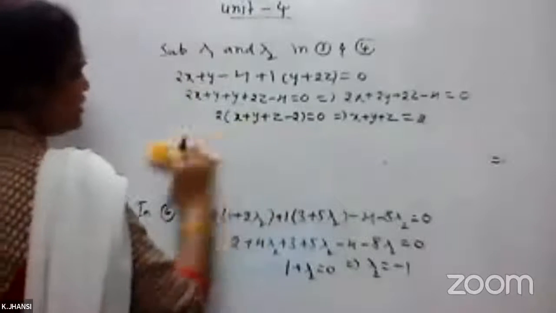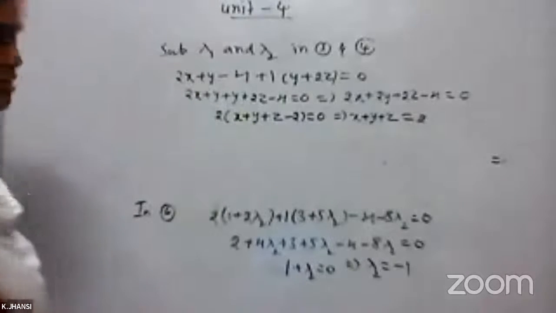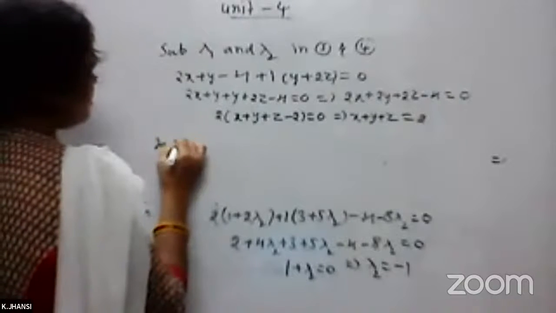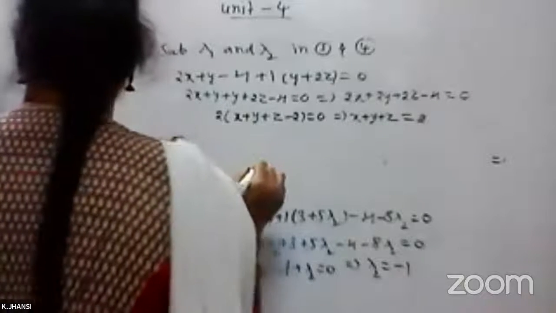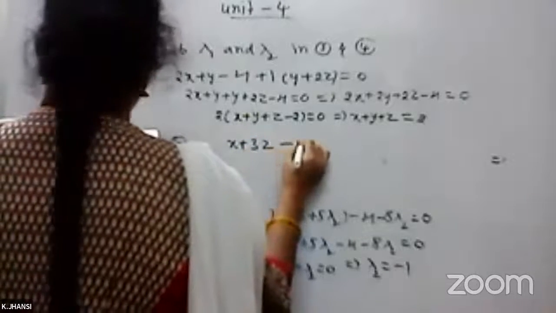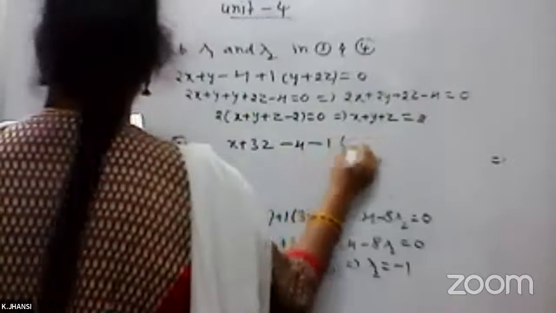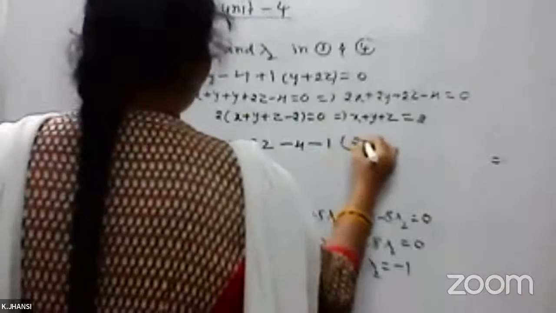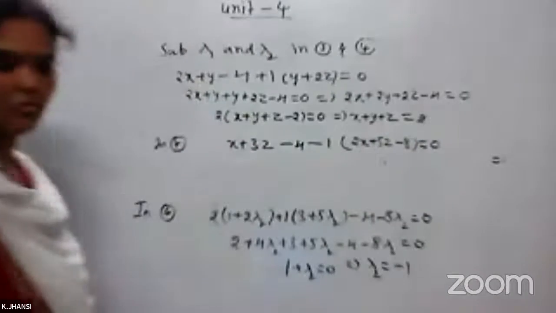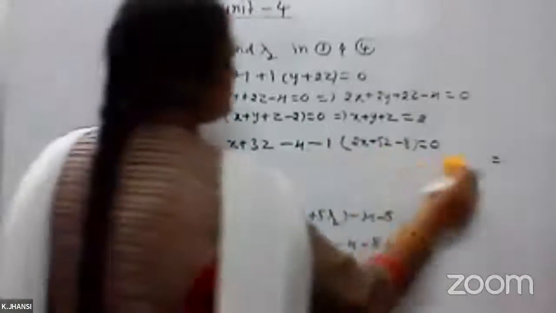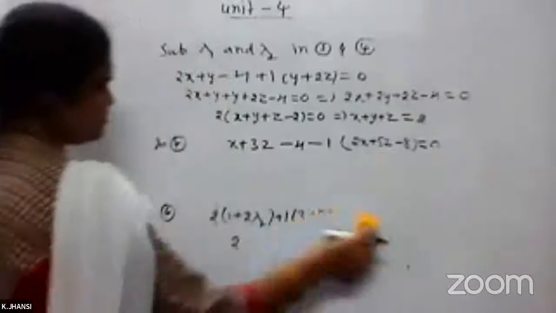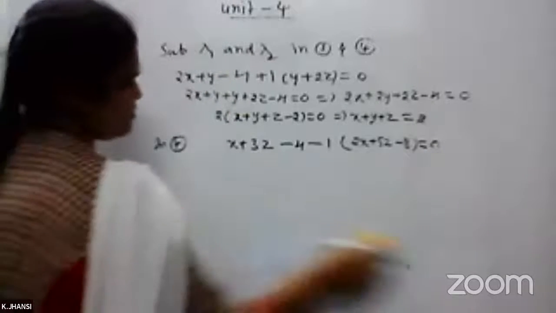So when you substitute in the fourth equation, what was the fourth equation? x plus 3z minus 4 minus 1 into 2x plus 5z minus 8 equals 0.